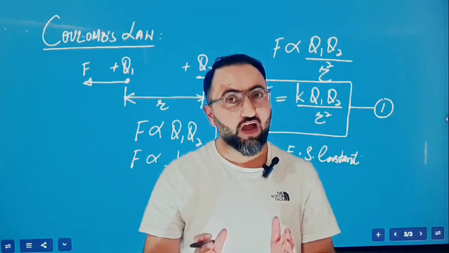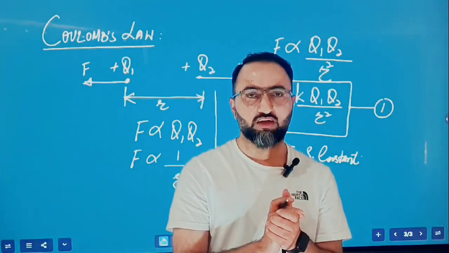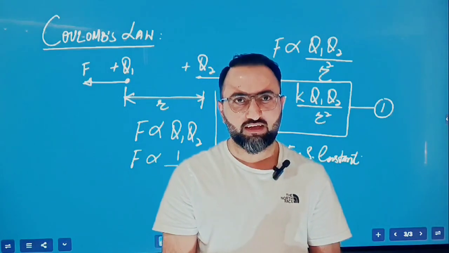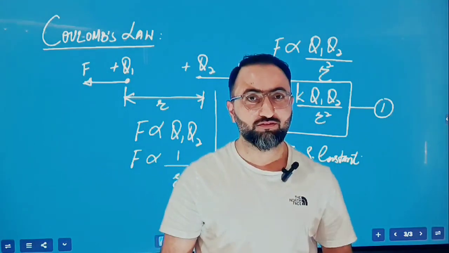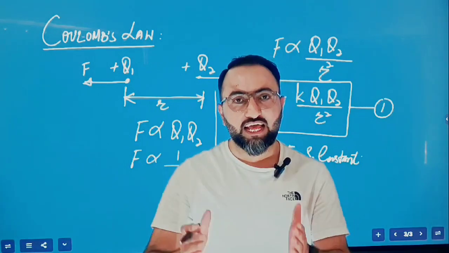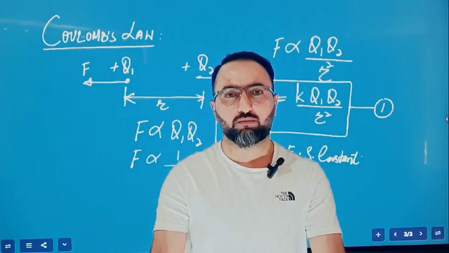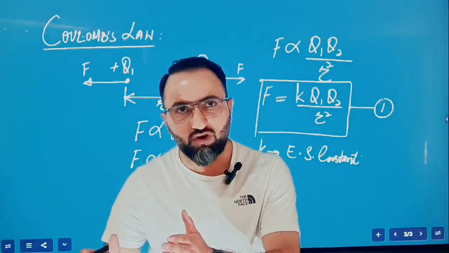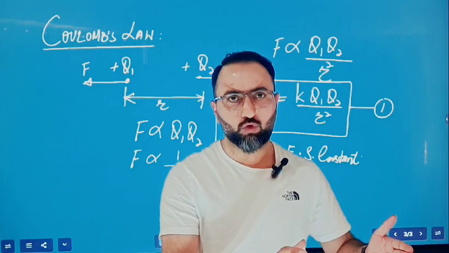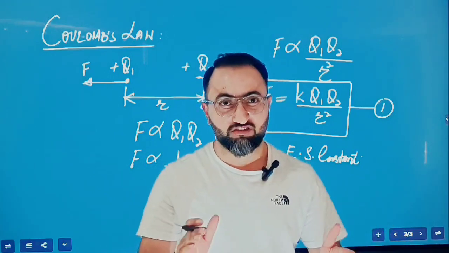Its value also depends on the system of units. If I ask, my dear students, how many systems of units there are, you will say, sir, there are two systems of units: SI and CGS. Exactly. In the same way, there are two types of media in general. Number one is vacuum, and number two is all other media. How many combinations are there?